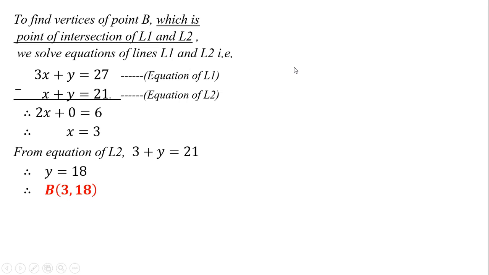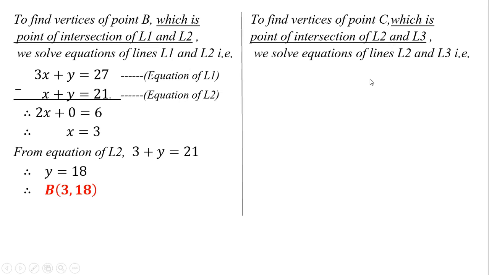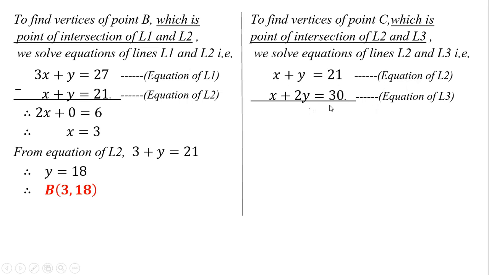Similarly, we find the coordinates of point C. Now point C is the point of intersection of L2 and L3. So we have to consider the equations of L2 and L3, that is x plus y equal to 21, the equation of L2, x plus 2y equal to 30, the equation of line L3. Now subtracting these two, we get x minus x is 0, 2y minus y is y, 21 minus 30 is minus 9.